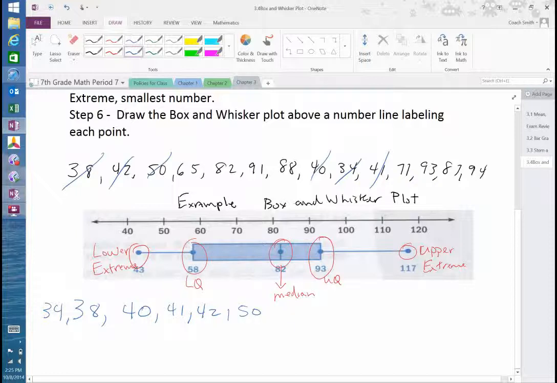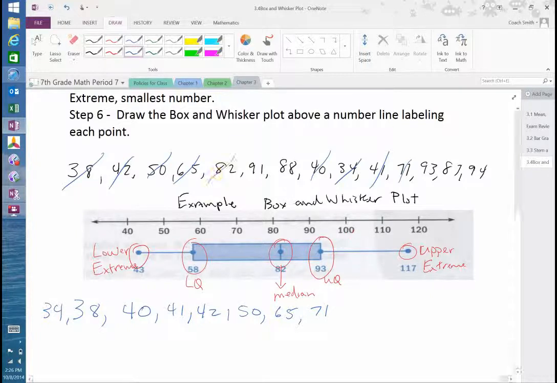No. 60 numbers, we have 65. That's all of those. 70 numbers, we have 71. Make sure that is 71. Yeah, 71. It looks like all the 70s.